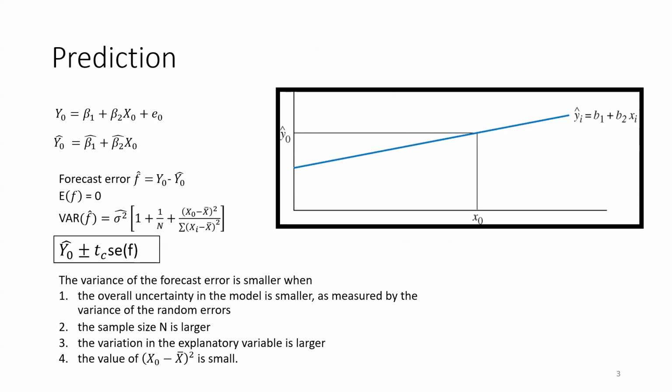And the other way to make a forecast is interval prediction. The equation is the point estimation plus and minus the critical value times its standard error. So it's similar to a confidence interval, right?